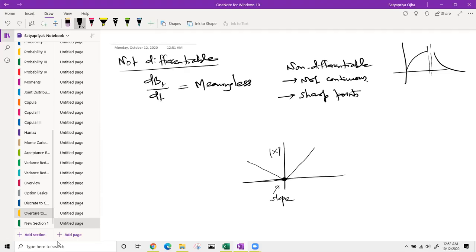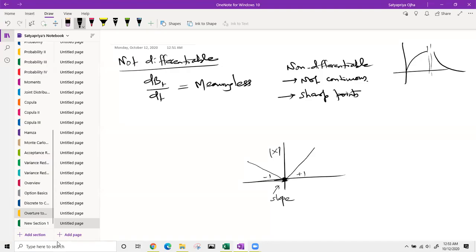Or you can think there are two different slopes. A little bit to the right hand side, it has a slope of +1. A little bit to the left hand side, it has slope -1. At x equal to 0, slope is not defined. So this is the feature of a function that has sharp points. Slope is not defined at x equal to 0.